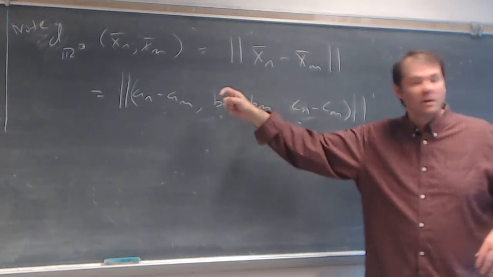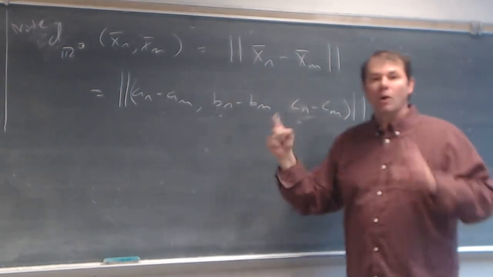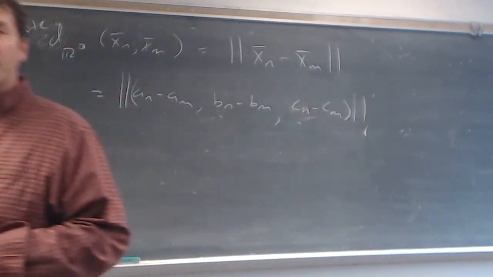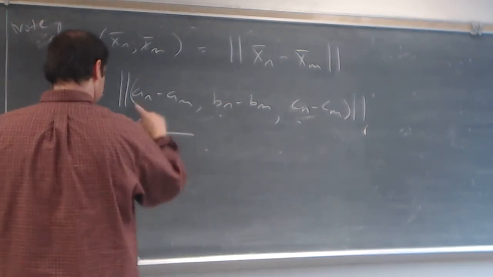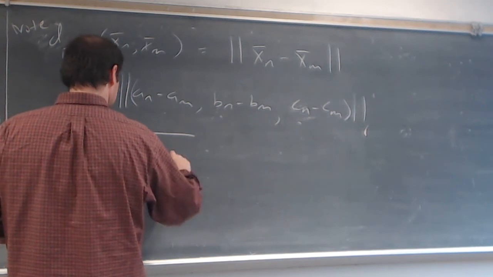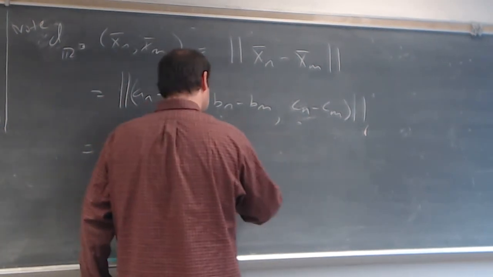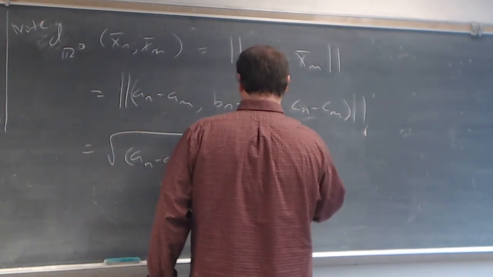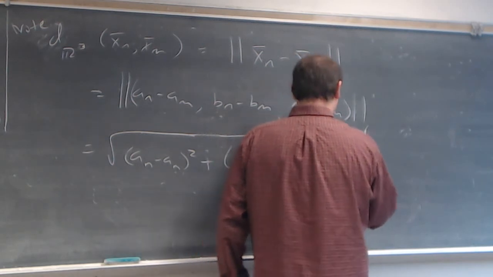It's got 3 real numbers as its coordinates. What's the norm of something in R3? The square root of the differences squared, when you add the differences. Okay, that's right, Melissa. You said the right thing. Squared. That's right.